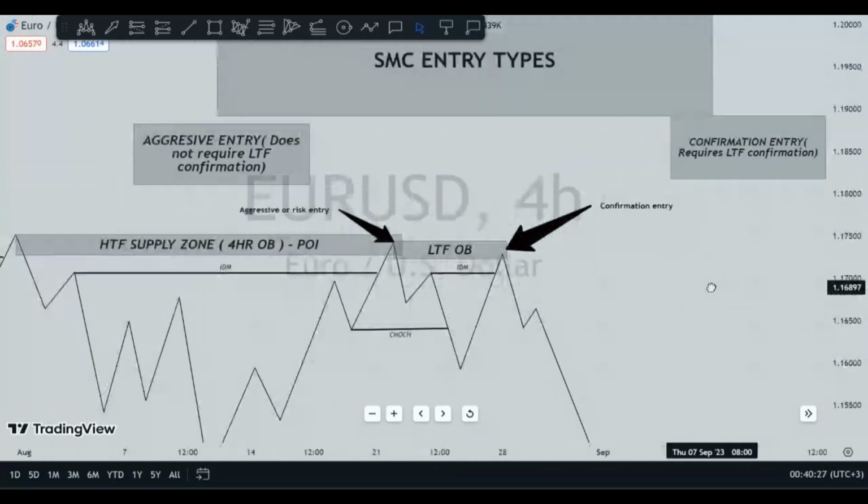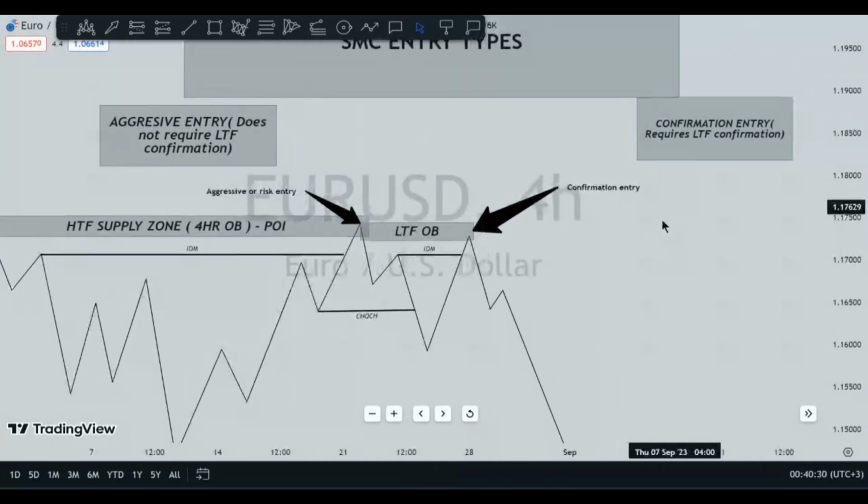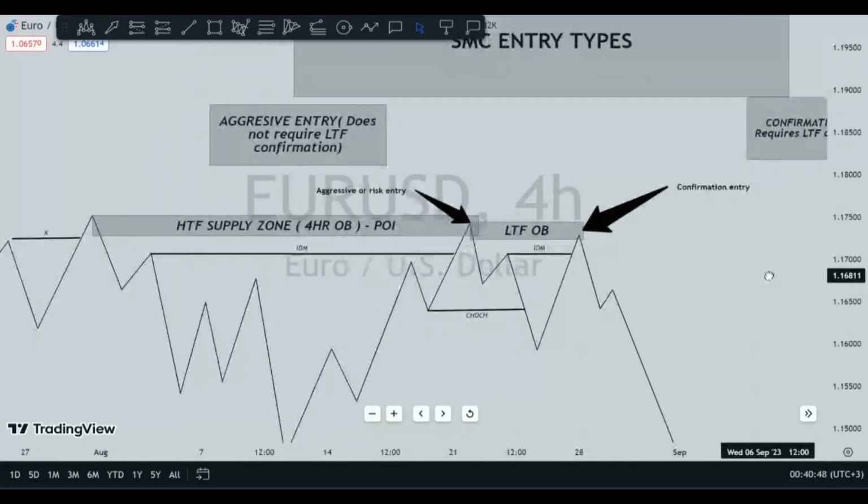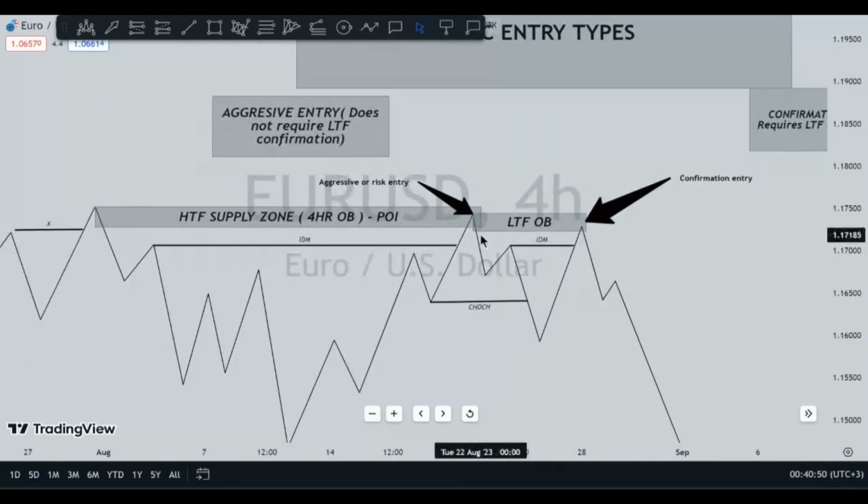Well, let's go to confirmation entry. Personally, this is the entry I use most of the time. So what you do here with confirmation entry, you mark out your POI on a higher time frame.